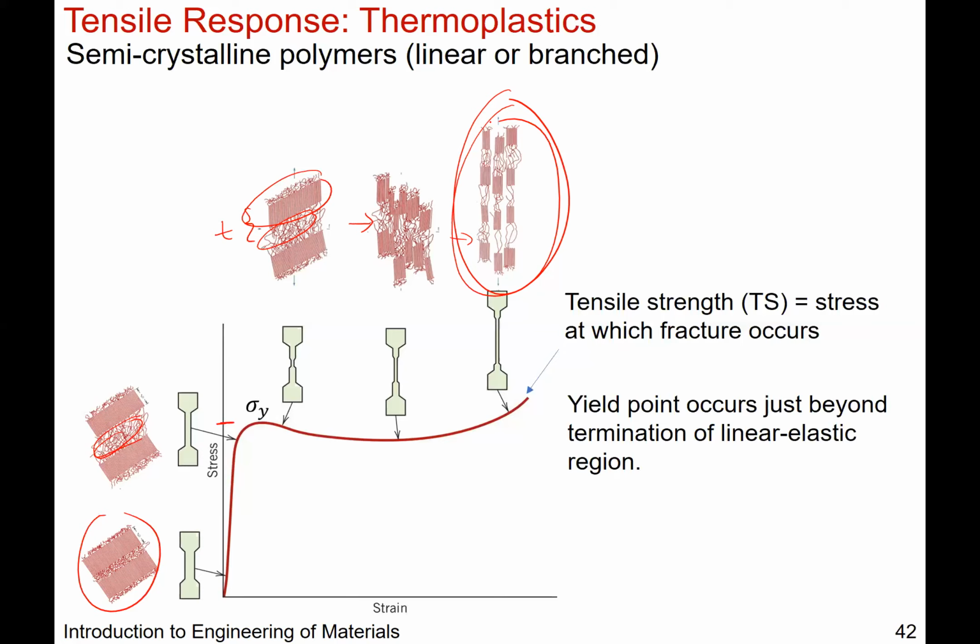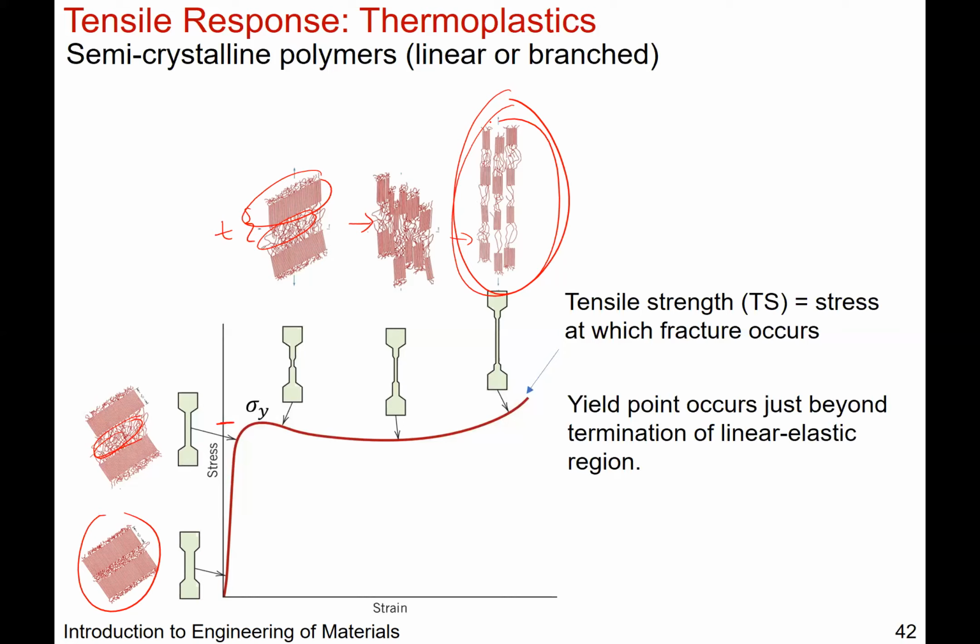So one of the reasons why your aluminum soda cans don't corrode is there's actually a plastic liner inside that's taking care of the chemistry of the liquid that's in there.